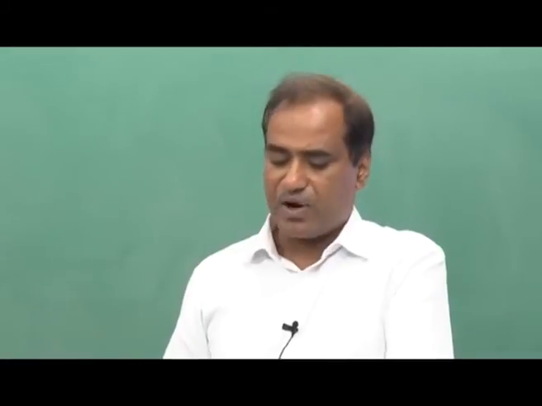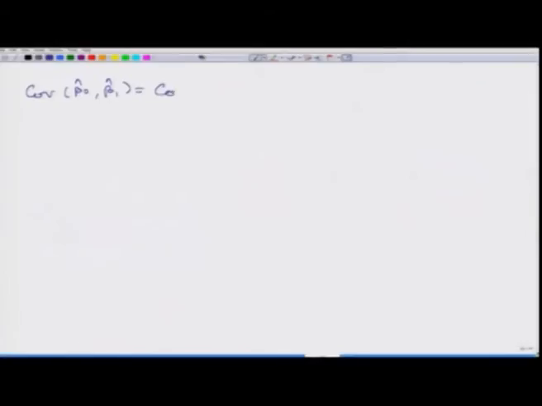So let us also find the covariance between beta 0 hat and beta 1 hat. That will help us in establishing some more statistical properties later on. This can be written as covariance between y bar and beta 1 hat minus x bar times the covariance between beta 1 hat and beta 1 hat, which is nothing but your variance of beta 1 hat.